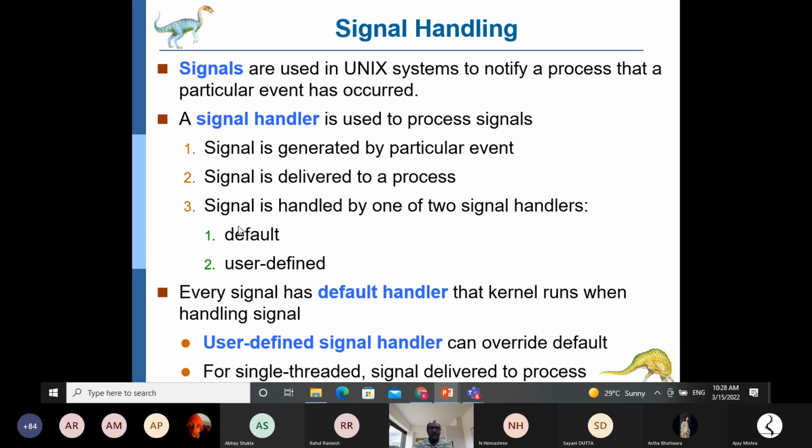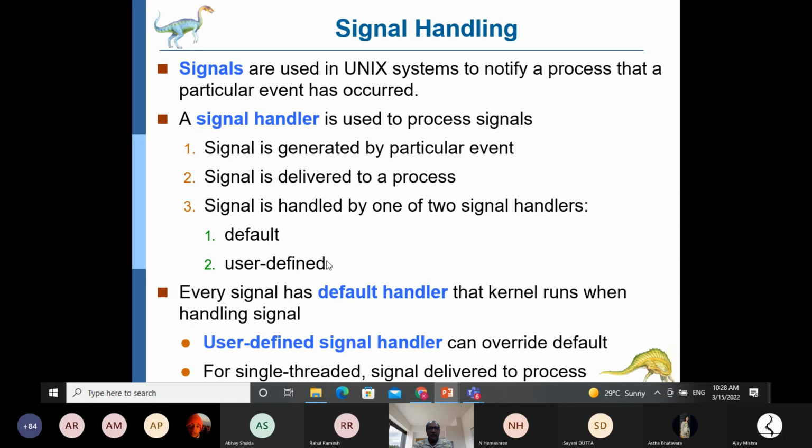So as I mentioned here, the signal handlers are of two types. One is the default handler, and the other one is user defined. Default handler means that whenever the signal arrives, by default the operating system has to handle it, whether it may be synchronous or asynchronous.